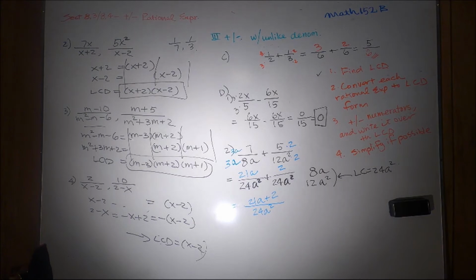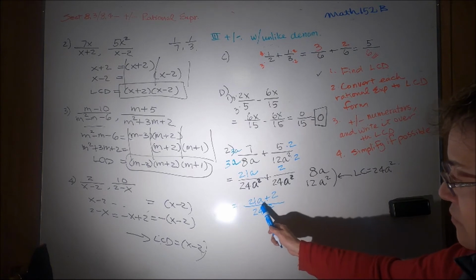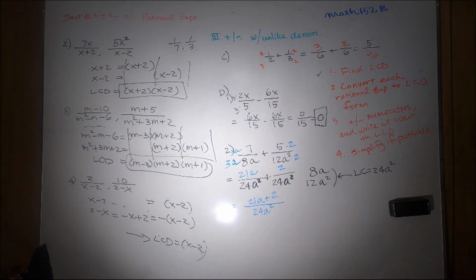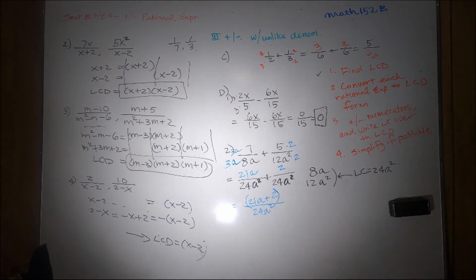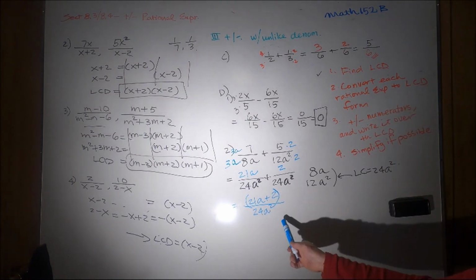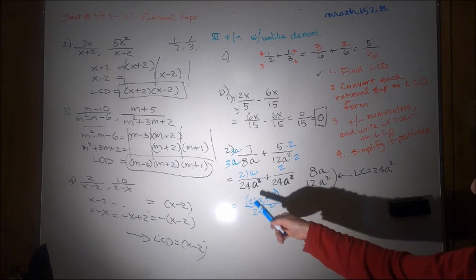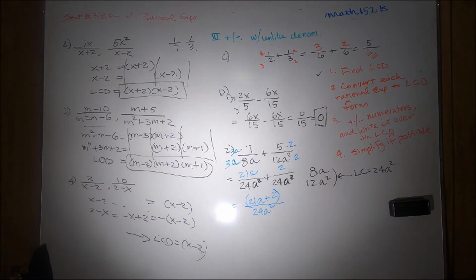Then simplify if possible. Can we simplify more? Can you just cross out 2 and 24? We say, don't do that. Because 2 is what? Part of a group. You cannot cancel out part of a group with another group of things. Remember that. And this is the prime.